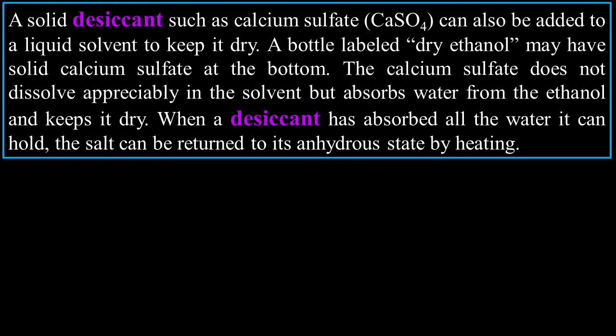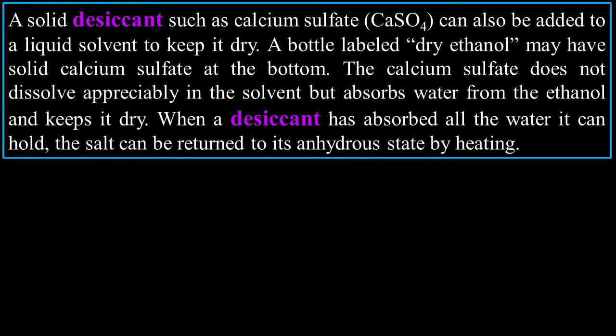Now, if you open that bottle or took out the calcium sulfate, it would spontaneously absorb atmospheric moisture. So the inability of alcohol, ethanol, and water to be separated is not unusual in nature. Matter of fact, they're called azeotropes.